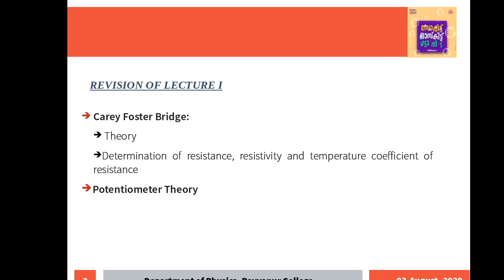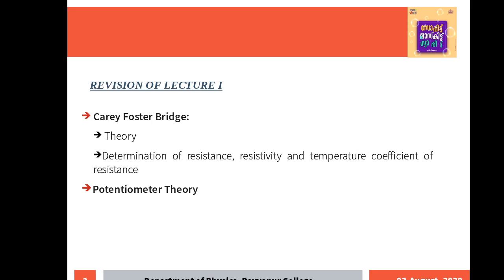So first we will find out the resistance per unit length of that wire using the same method as the Carry-Foster bridge measurement, where instead of unknown resistance, we use a copper strip which makes the unknown resistance equal to 0, and on the side of the standard resistance we took 0.1 ohm.